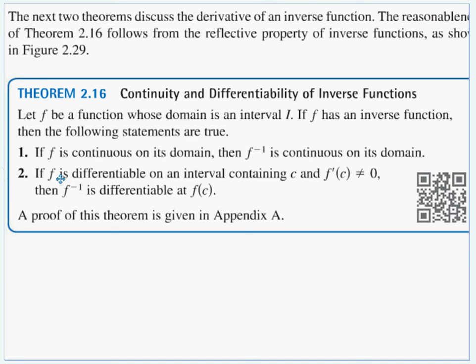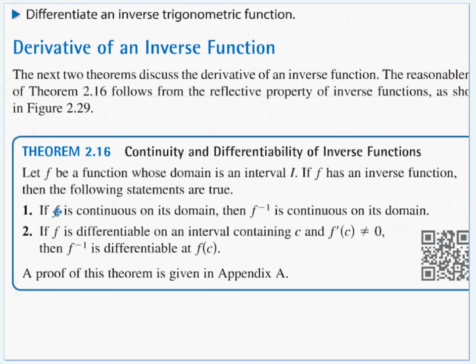Number 2, if f is differentiable on an interval containing c, and that derivative does not equal 0, then the inverse is also going to be differentiable at that point. So if the function is continuous, the inverse is continuous. If the function is differentiable, the inverse will also be differentiable, except where the original one would have a 0 slope, a horizontal tangent line.